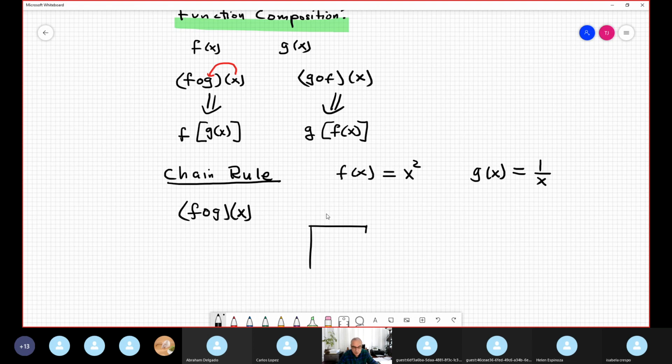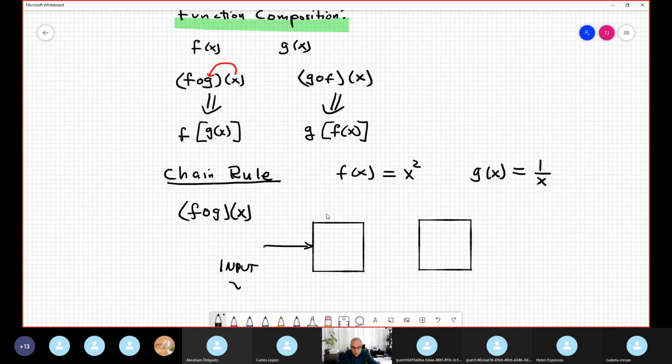The interpretation of this is that you suppose in your mind each function looks like a box, and we have two functions. The input element, the x value, goes inside the first function, g, which is 1 over x.